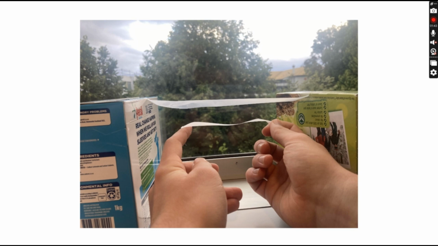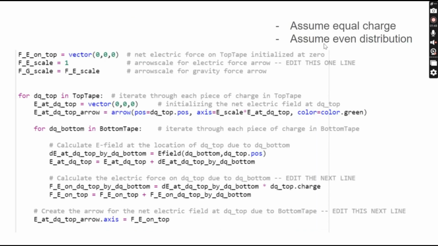What changed, though, is the computational model that we used to model this system, where in the previous lab, we assumed that all the charge in these tapes was concentrated at a single point. In this lab, we did not make that assumption. We just assumed that the tape had equal charge and that the charge was evenly distributed amongst them.